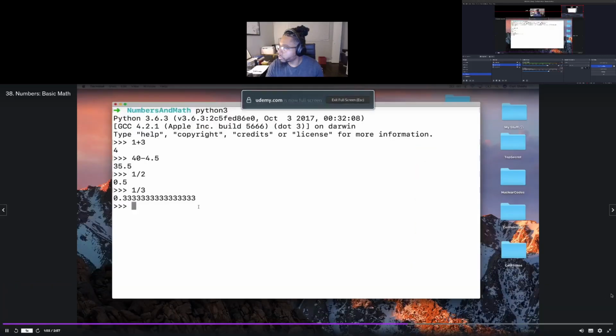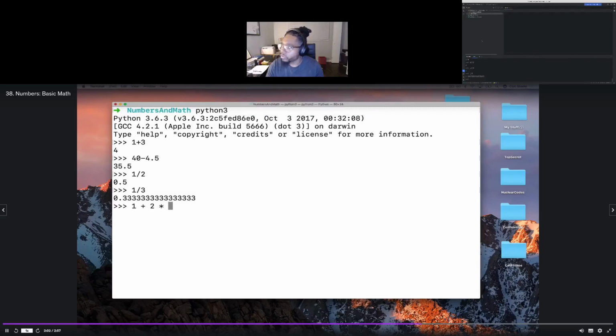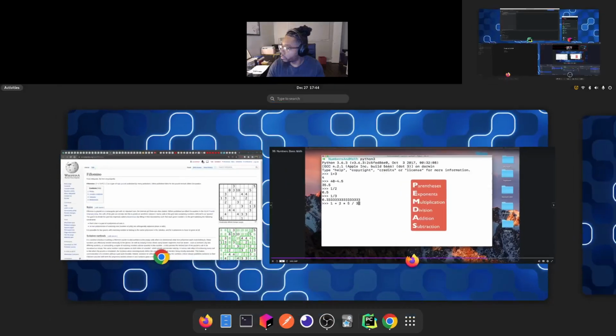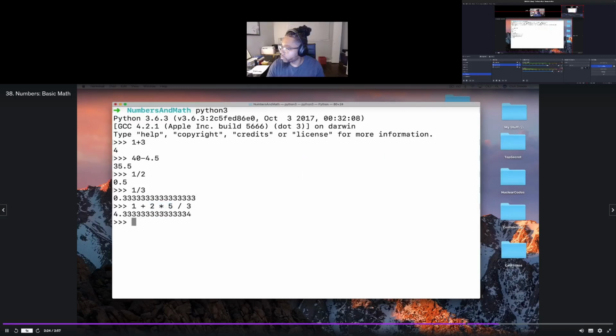So if we just did something like 1 plus 2 times 5 divided by 3, what happens first? There's this thing called PEMDAS. It helps some people remember parentheses, exponents, multiplication, division, addition, subtraction. So first would be this multiplication and then this division. So we would get 10 divided by 3 plus 1. So that's 3.333 plus 1.